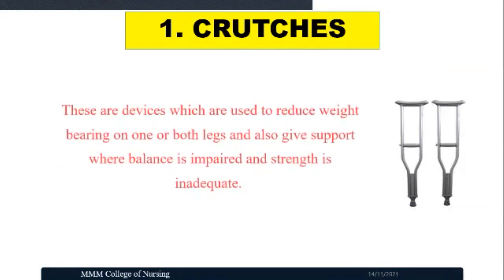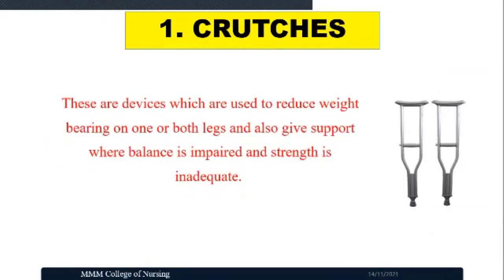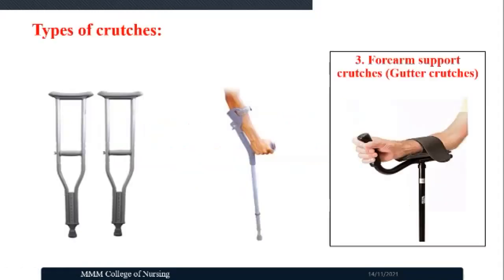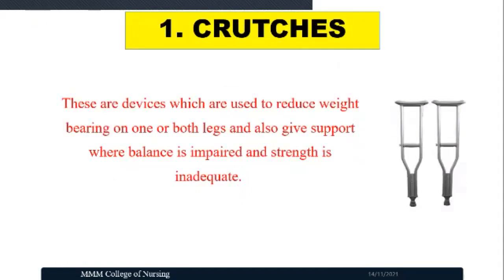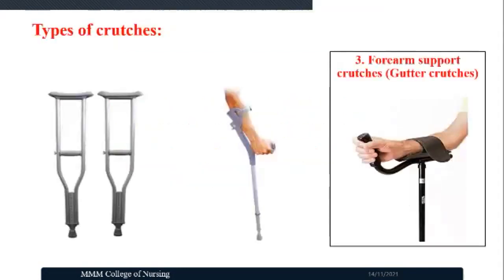So let us go into the discussion about crutches. Crutches are devices used to reduce weight bearing on one or both legs. They also give support where balance is impaired and strength is inadequate. Usually we use a pair of crutches in mobilizing the patient.